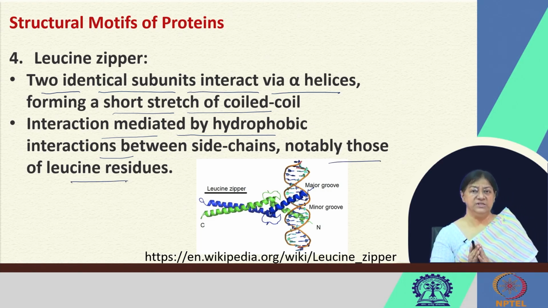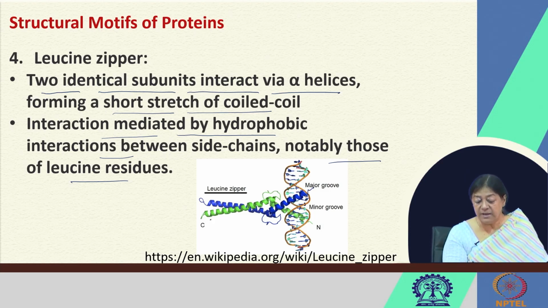It is called a leucine zipper because we have the leucine residues side by side interacting with each other and forming a hydrophobic sort of a zip. So, the hydrophobic interactions are extremely important in this leucine zipper, and this is also another common structural motif that is observed in proteins.